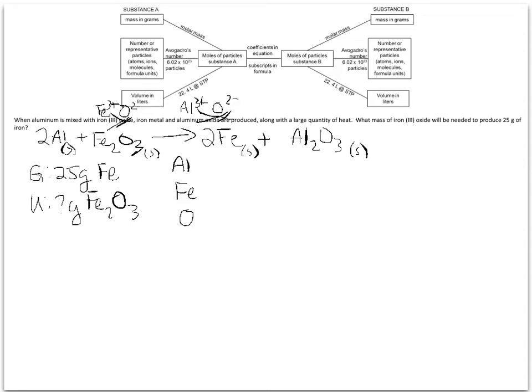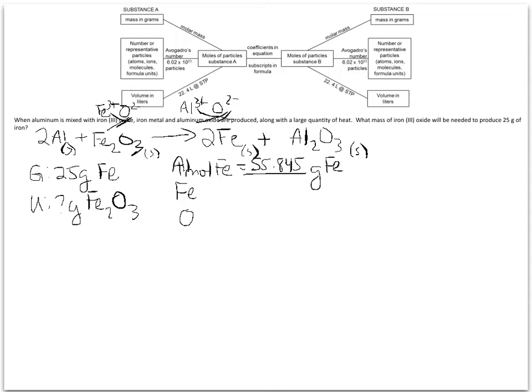Our first equivalent statement is going to be the molar mass of iron. So 1 mole of iron, because it's always 1 mole for molar mass, is equal to blank grams of iron. And we just looked that up on the periodic table. The molar mass of iron is 55.845.